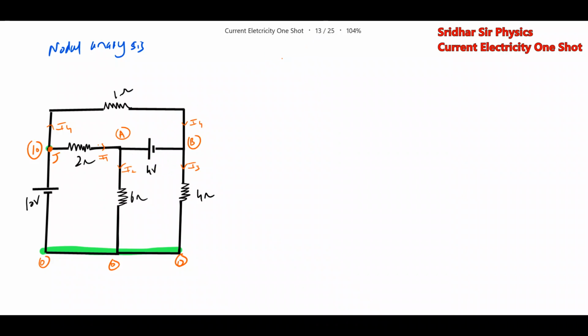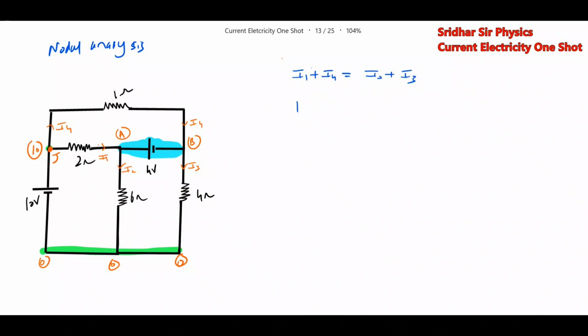This is called a super node. Just for learning purposes, I brought this one. Look at this particular cell. The total current entering here is I1 and I4, and the current leaving is I2 and I3. So we'll write the equation: I1 plus I4 equal to I2 plus I3.